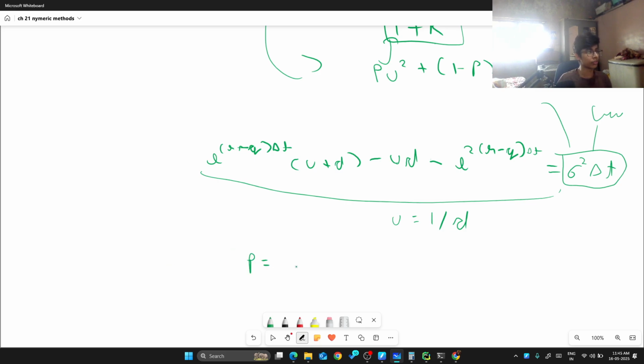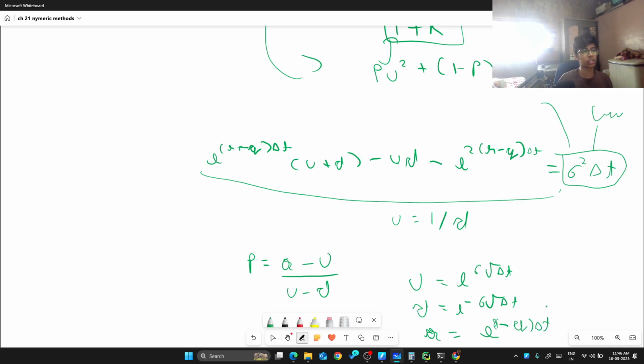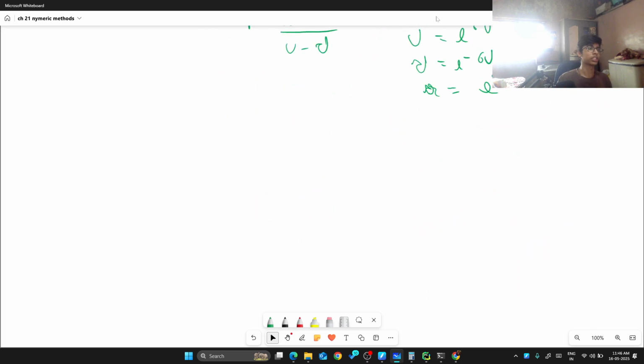And from that we can find the values with the formula: u equals e to the power sigma root delta t, and d equals e to the power minus sigma root delta t. We already did this equation in our binomial chapter, and it's just a revision. Okay, and a is our growth factor.